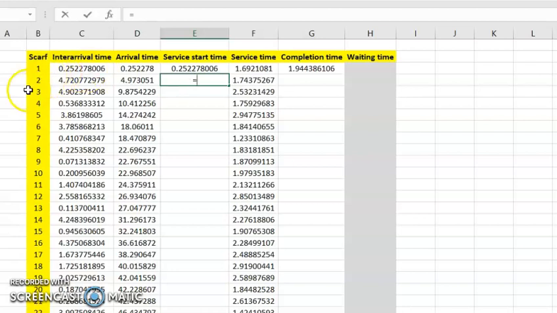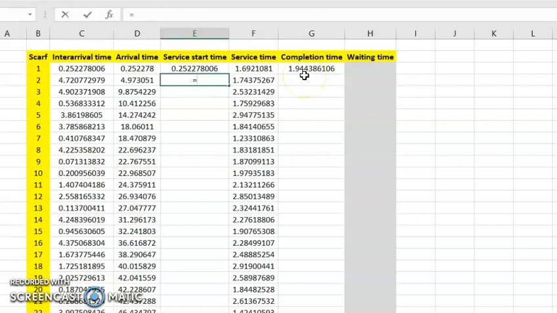Scarf 2 arrives at 4.97 and the completion time of scarf 1 is 1.94. Go to your common sense.